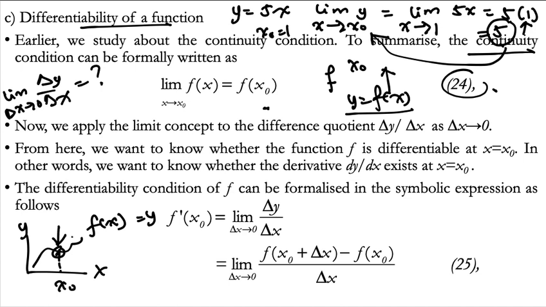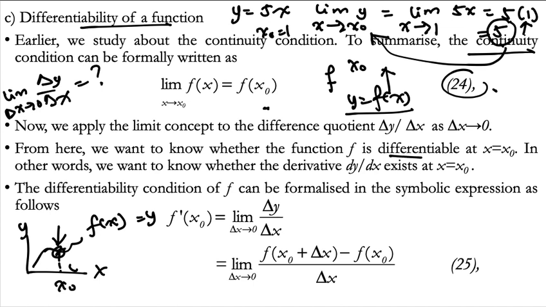We want to know, at this particular point, can we say that this curve is continuous at this point? In other words, we want to know whether the function f is differentiable, not only continuous but differentiable. Now, it is very obvious here that it is continuous, but is it differentiable or not?